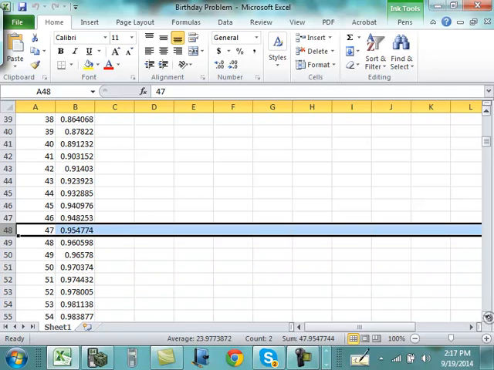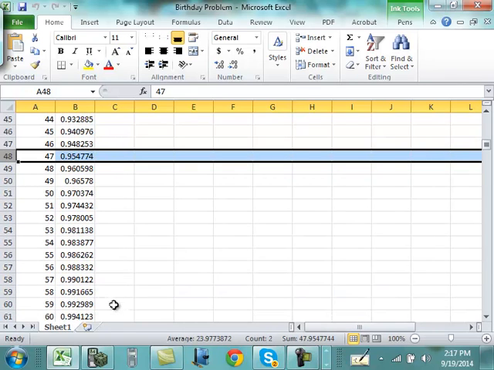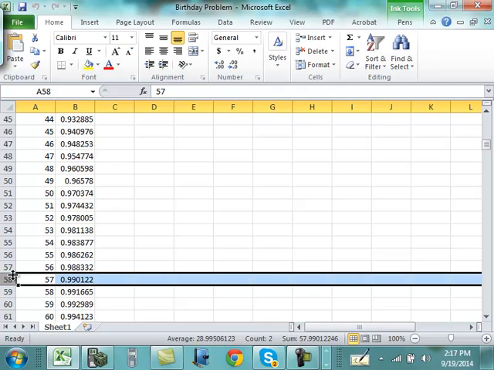Let's go down a little bit more. If you've got about, I don't know, 57 people in the room, only 57, there's a 99% chance that at least two of them share the same birthday.